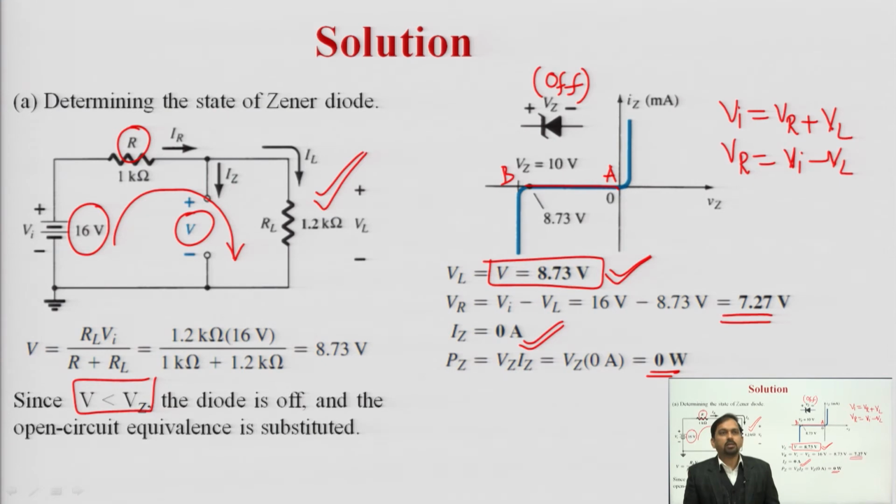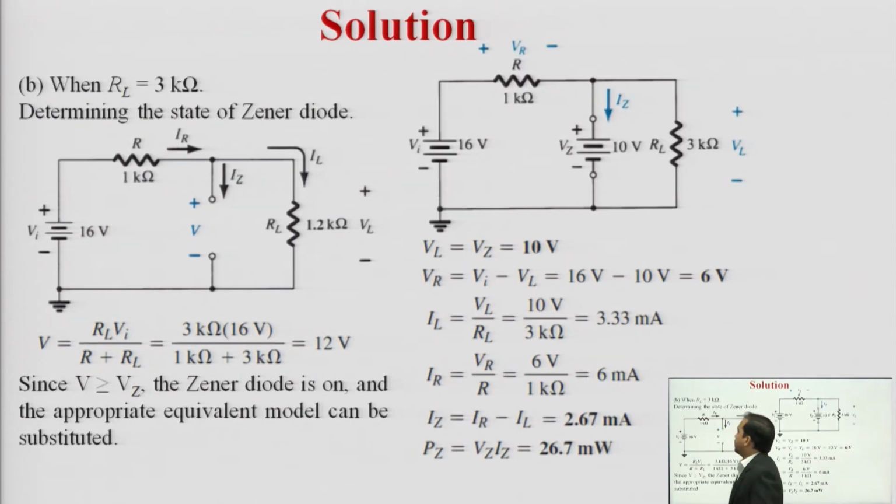Now, we need to see the second part, when RL equals 3, meaning when the load is 3K, we have increased the load resistance. So, again first we will calculate the open circuit voltage V. This V comes out to be 12 volt with the help of the voltage divider.